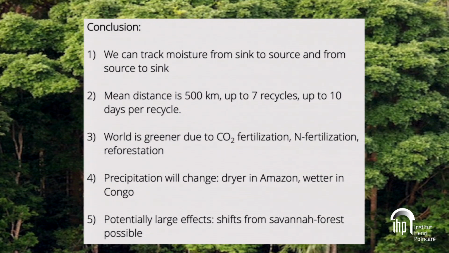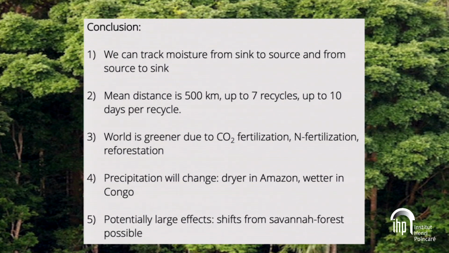So, to conclude, what we can say is that for the current climate, what we have done on low resolution is that we can track this moisture from the source to the sink, but also from the sink to the source. So we can understand these connections. And on average, there's maybe a nice number to remember.